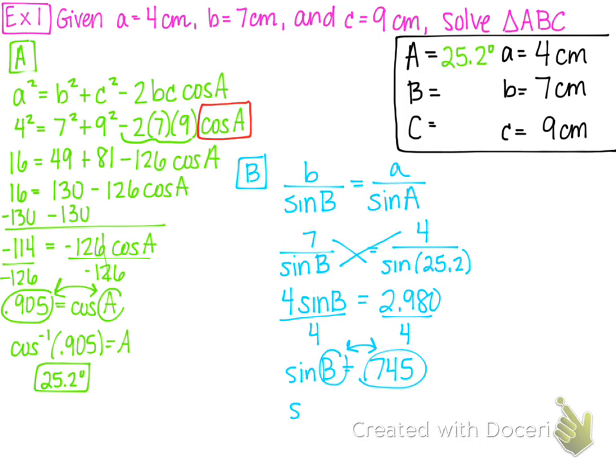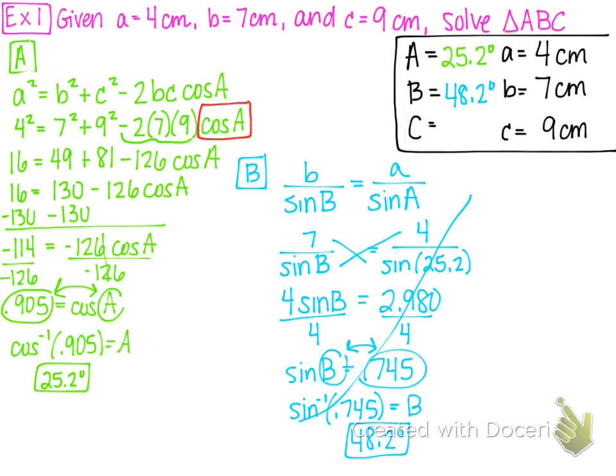So we do sine inverse of 0.745, and that's going to give us big B. So press second sine 0.745, and you get 48.2 degrees. And if you use the law of cosines, you'd get the same thing. So let's put it in our chart.